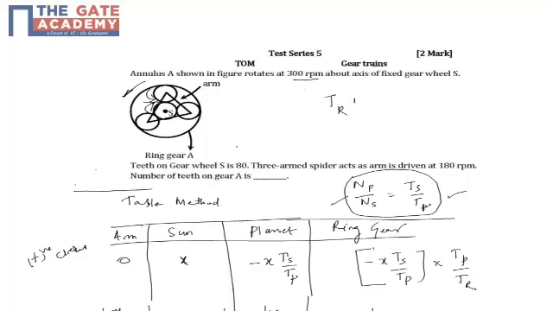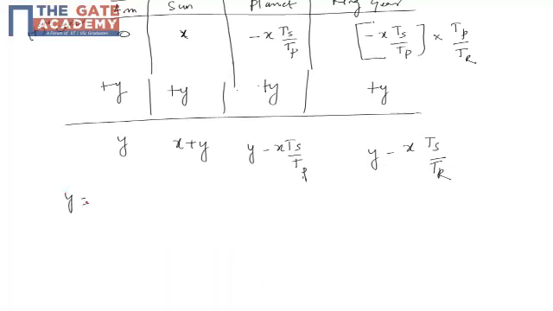TR is something which we need to find out. The speed of the ring is 300 RPM, and the speed of the arm is 180. So the speed of the arm and the speed of the ring are given, and the number of teeth on the sun gear is given.